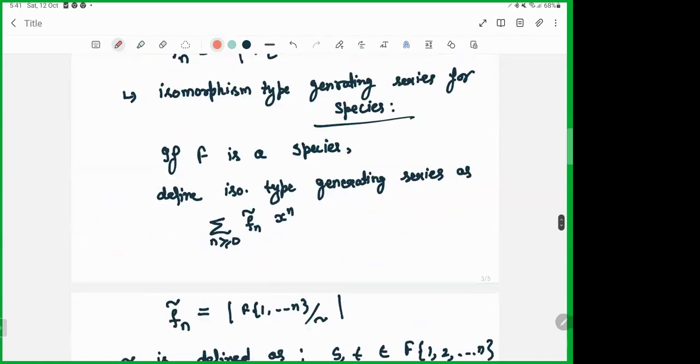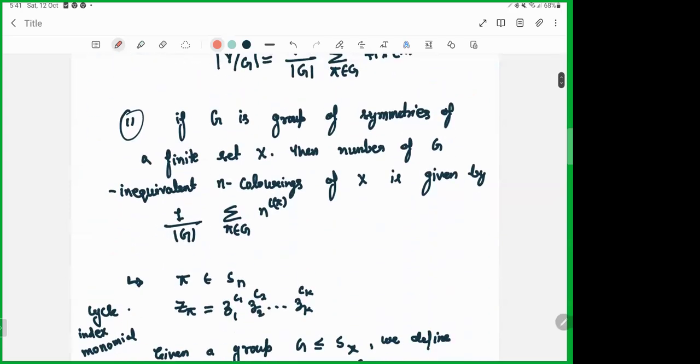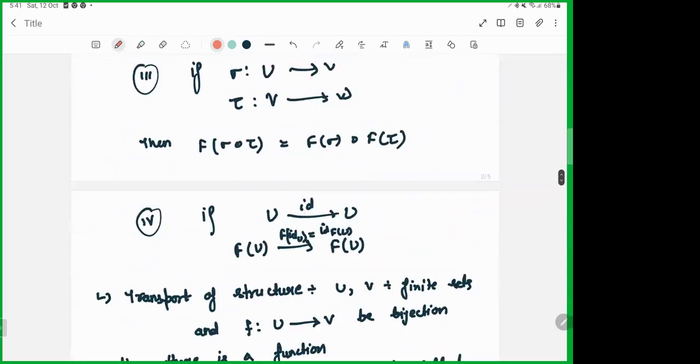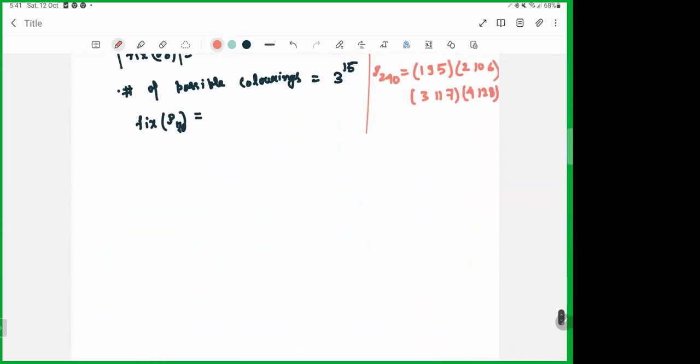Then if you use this theorem, which I mentioned here, it says that if G is a group of symmetries of a finite set X, then the number of G-inequivalent n-colorings of X is given by 1 over the order of G, summation over pi belonging to G, of n to the power C(pi), and you can use that directly.